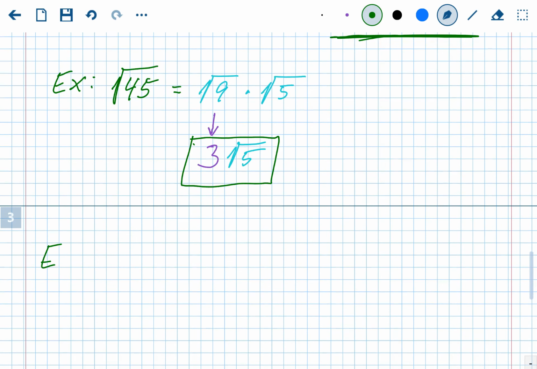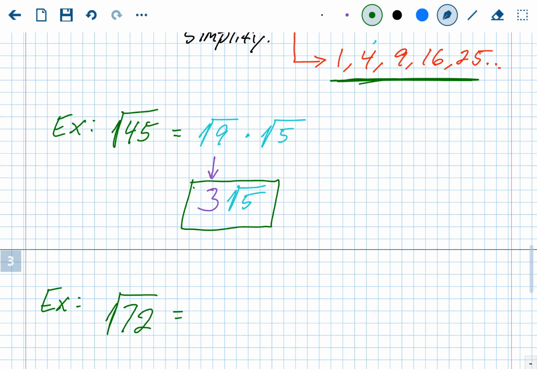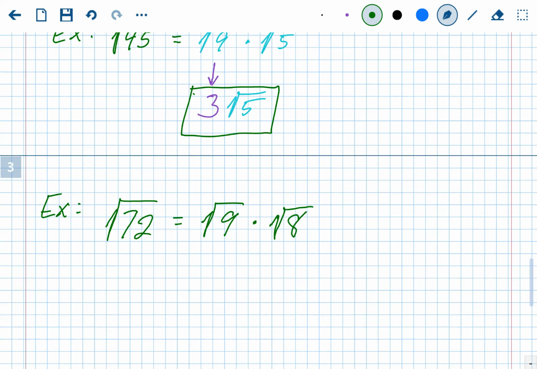Say we have the square root of 72. So again, run through your list. What numbers go into 72? The most common one that people pick, and this is right, is the square root of 9 and the square root of 8. Okay, 9 times 8 is 72. That's right, and 9 is also a perfect square.